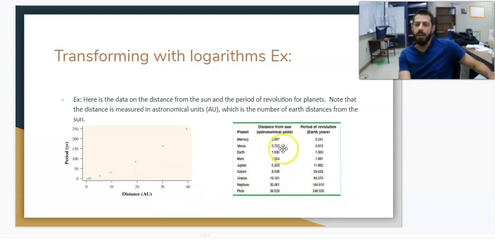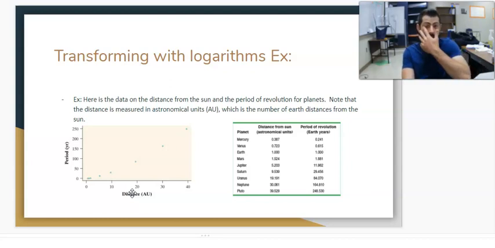But if we look at this graph, we see this is clearly not linear. It's close to a linear model, but the further out you go, the higher up it goes in a non-linear path. Now, it could be exponential. It could be a y equals e to the x type model.